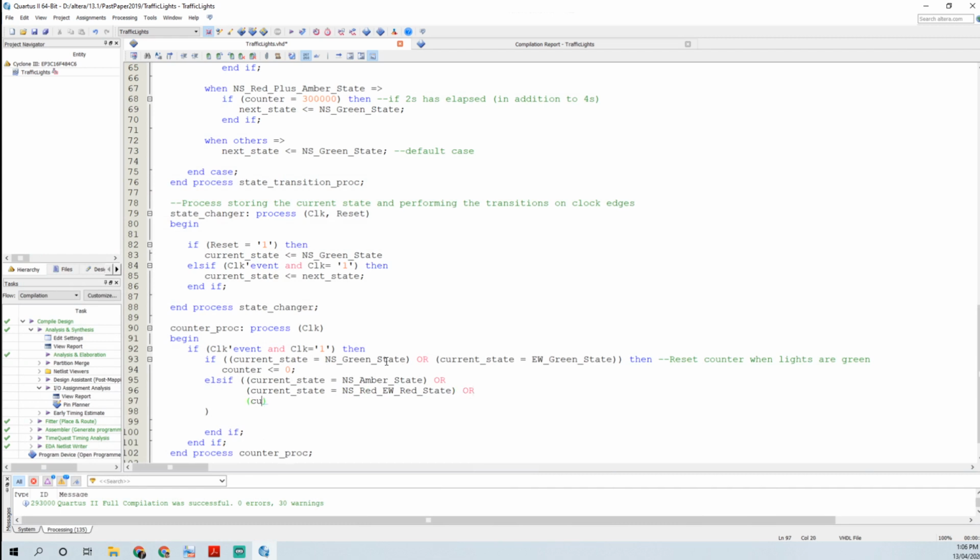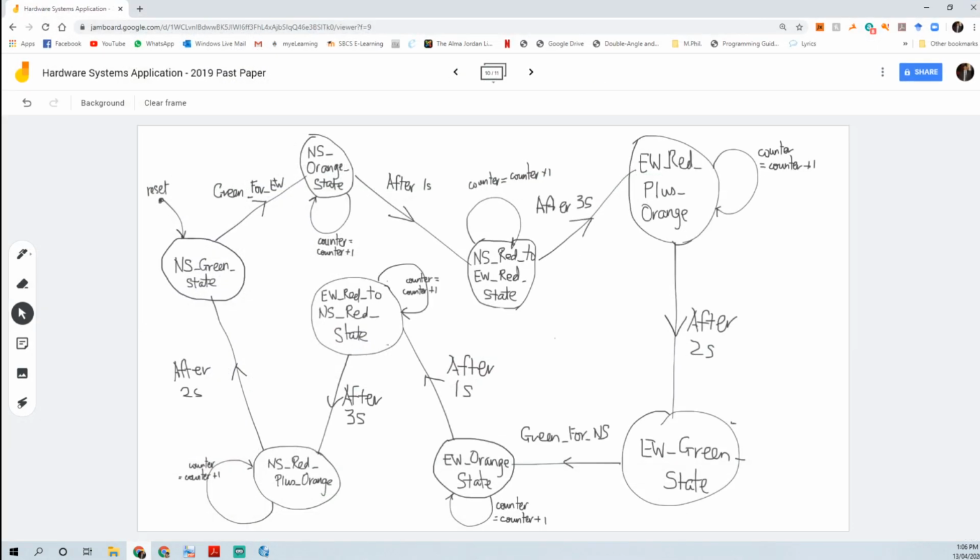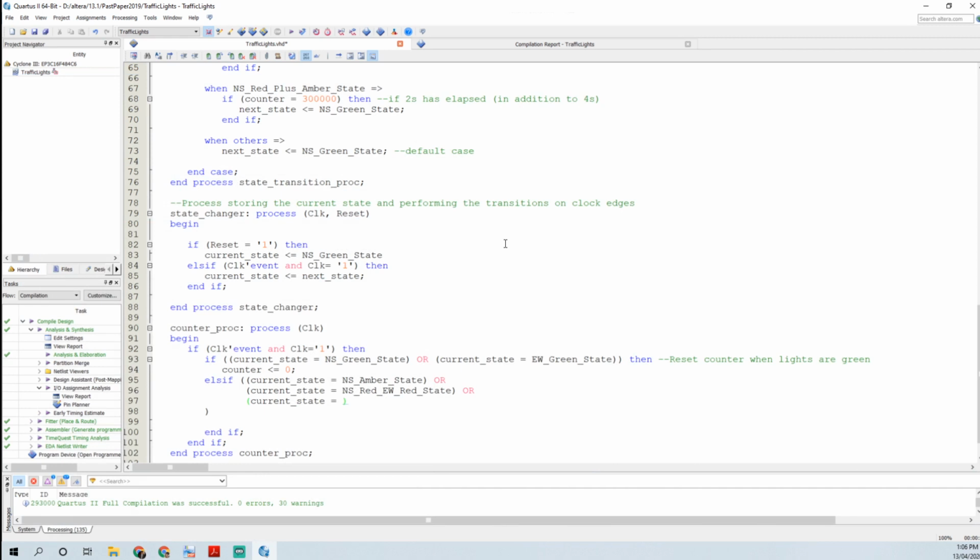or if my current state is equal to east-west red plus amber, and we're going to basically do this for all the states where we want to be counting.